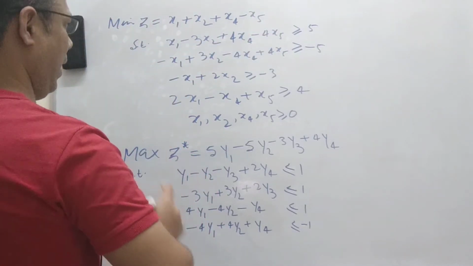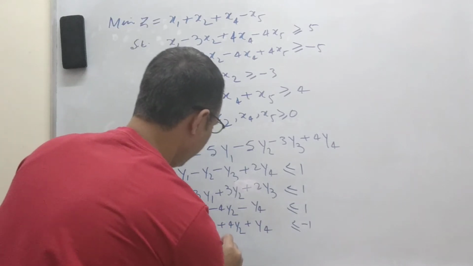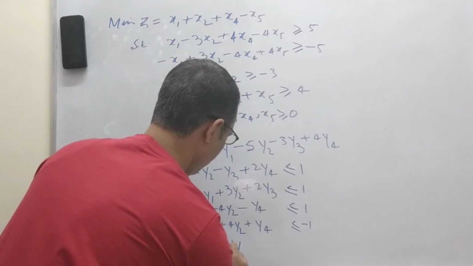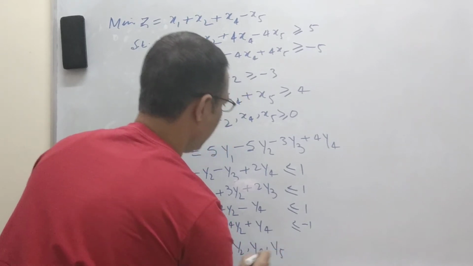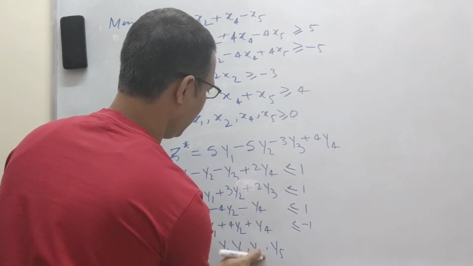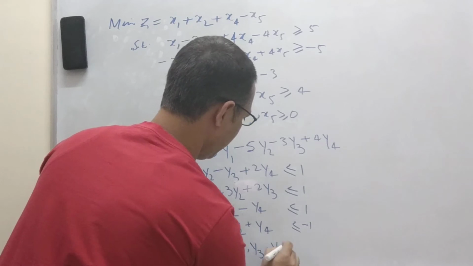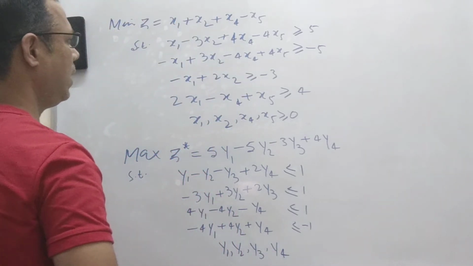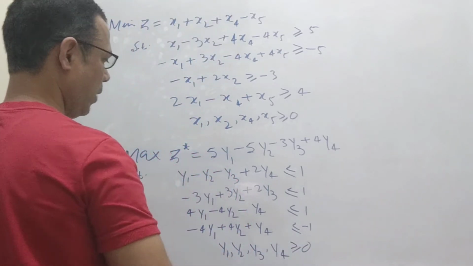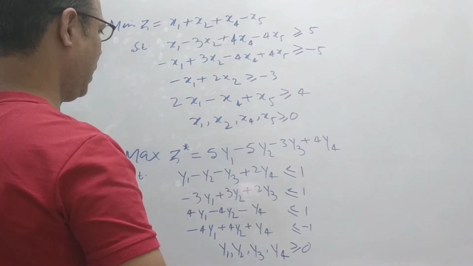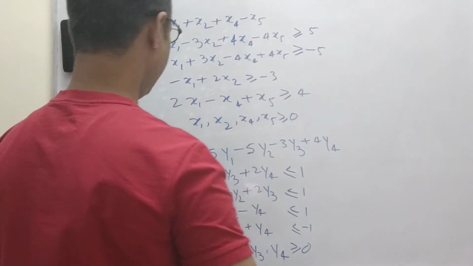So now I have written the new constraints, and we'll see how many variables are going to be considered here. y1 y2 y3 and y4. Okay, now there are 4 variables y1 y2 y3 y4. Okay, now we can proceed like this.